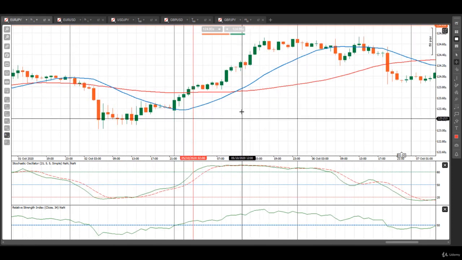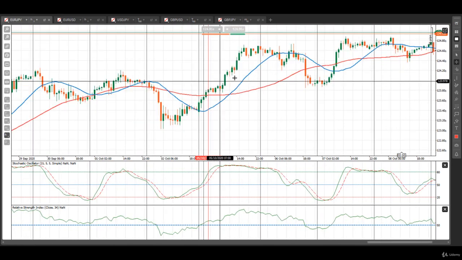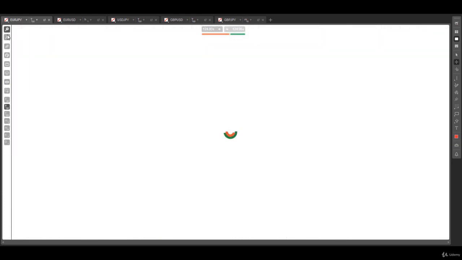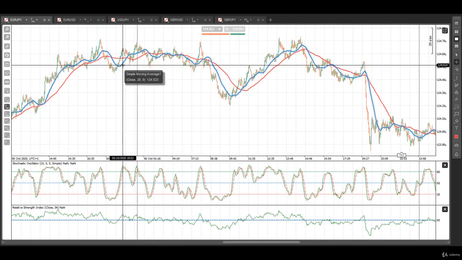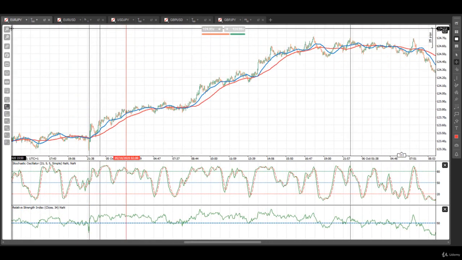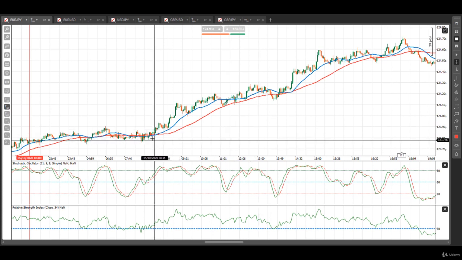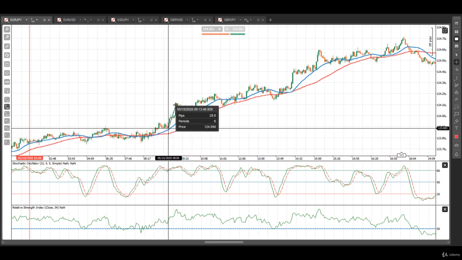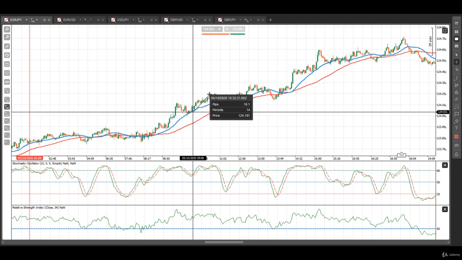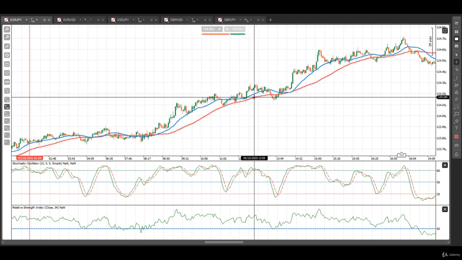So let's take a look at this trade to see our trade entries. Look at this. A perfect entry here. Reinforce it here. Another entry here.